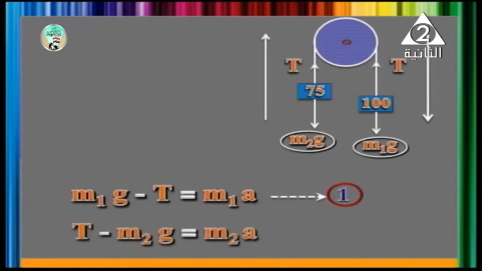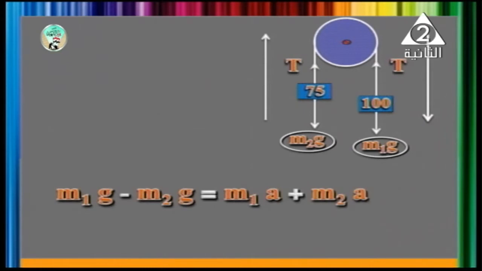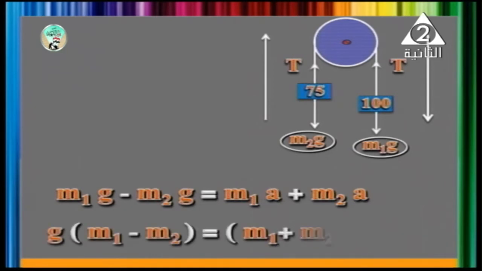Second equation, T minus M2G equals M2A. By adding, we know that M1G minus M2G equals M1A plus M2A. Take the highest common factor, left hand side G, right hand side A.